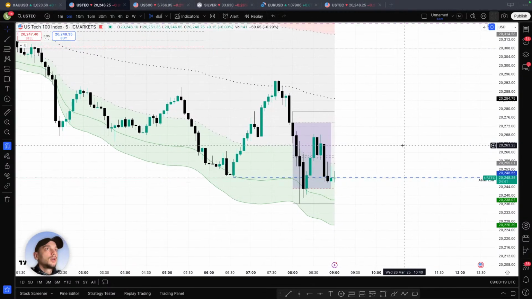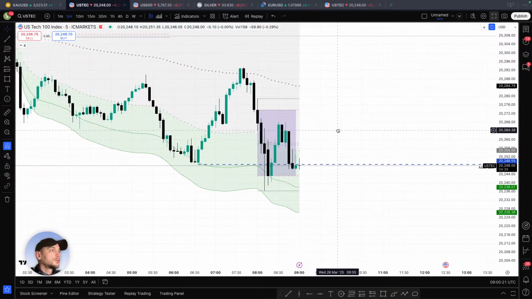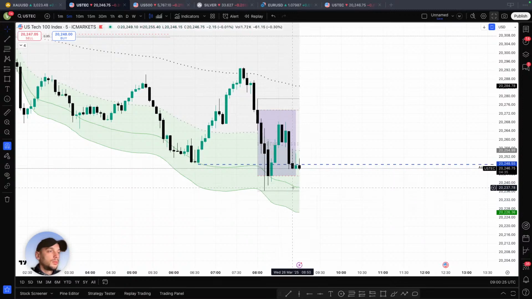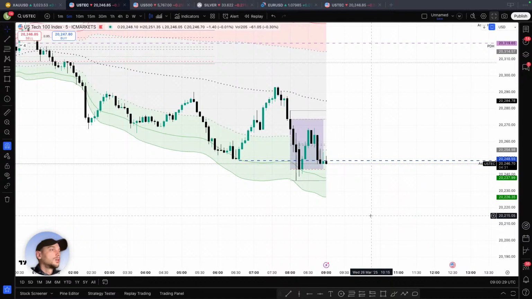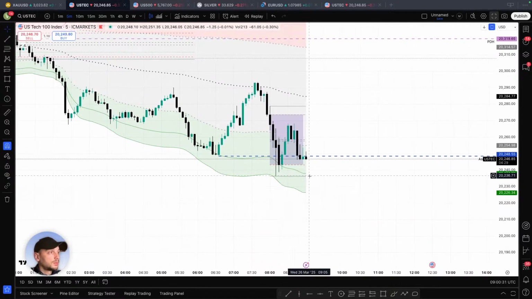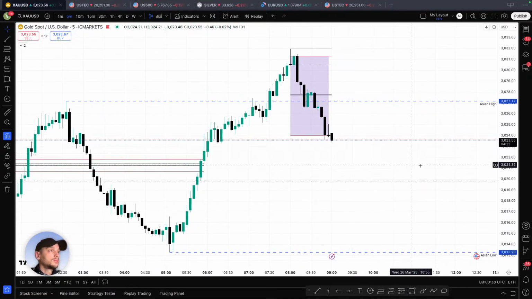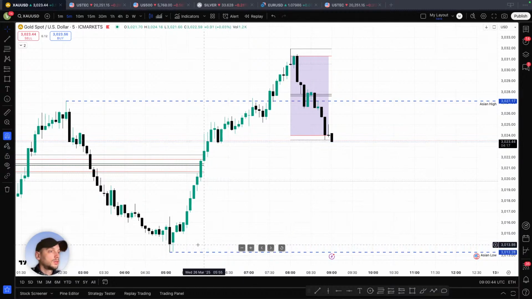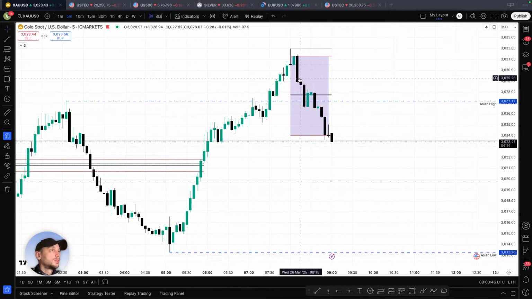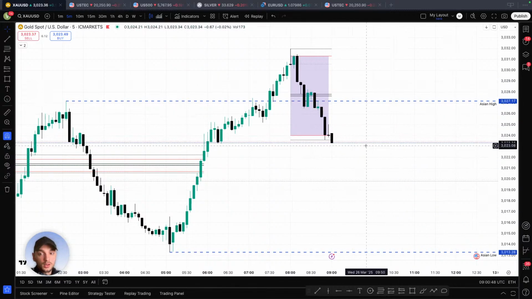Now, Nasdaq is way down in the green area. So shorts might be a good idea. Gold is trying to close below. There is liquidity here. Order block here. So this is a good target. We missed a good trade, to be honest.